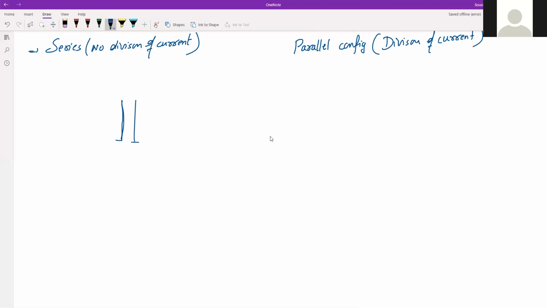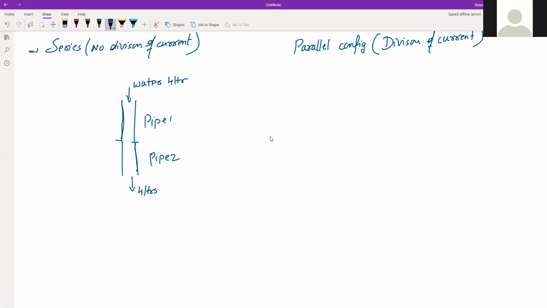This is pipe 1, and then next, suppose this is pipe 2. Whatever water comes here, if it is say 4 liters, at the end you will get all those 4 liters.